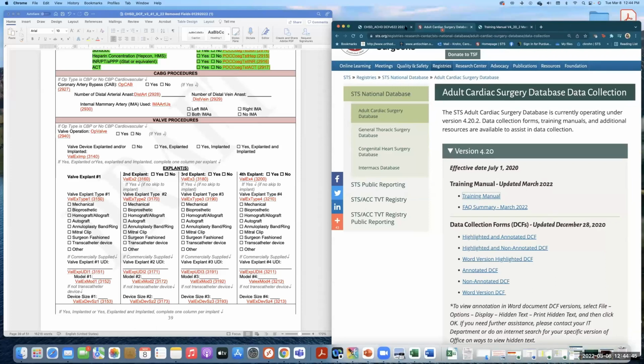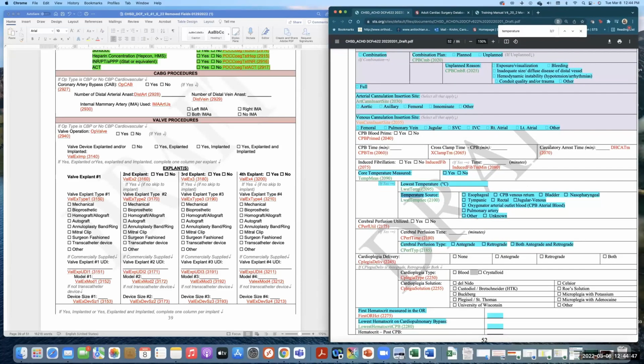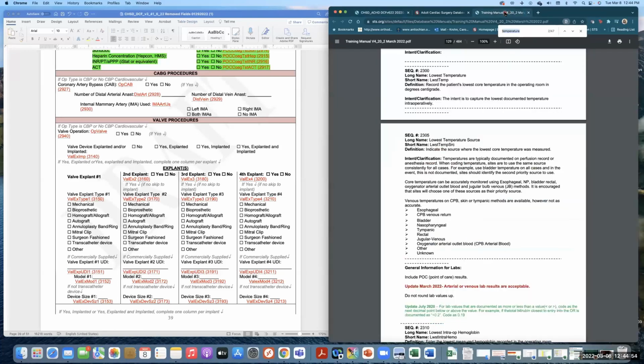And then I see, Liz, your question, if we're collecting the lowest temp, how do we choose the preferred source if we have multiple temp sources? So you're right, my anesthesiologist will record it in 2 different sources. Then my perfusionist, they always document 2 different sources. And so now I have to decide what's going to be my most consistent core temp for this section. Personally, I'm likely to choose a rectal temp because they do that most consistently.